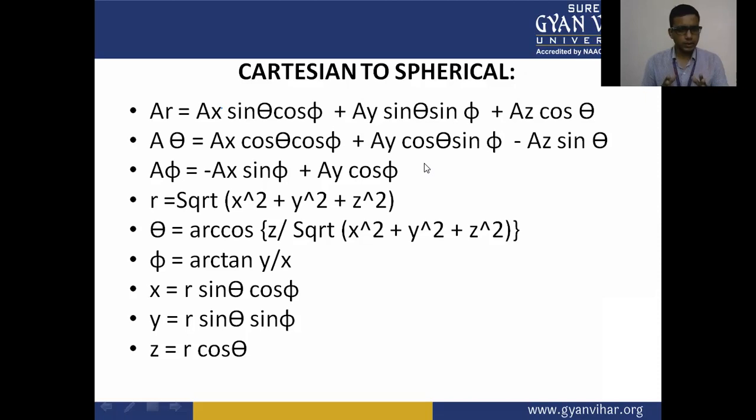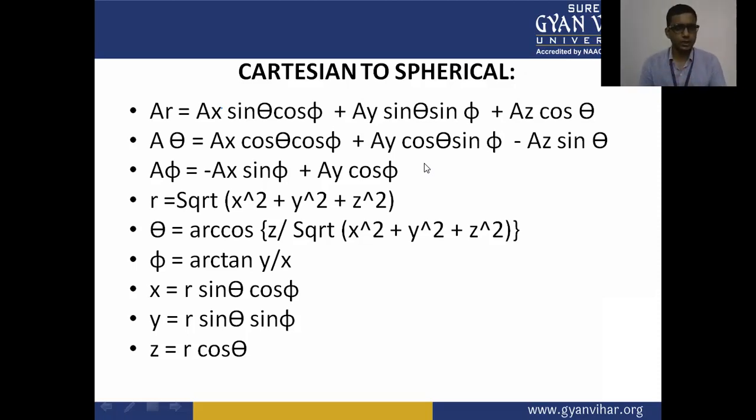So x is equal to r sin theta cos phi, y is equal to r sin theta sin phi, and z is equal to r cos theta. This is the Cartesian to spherical coordinate relationship, through which we are able to find r, theta, and phi.